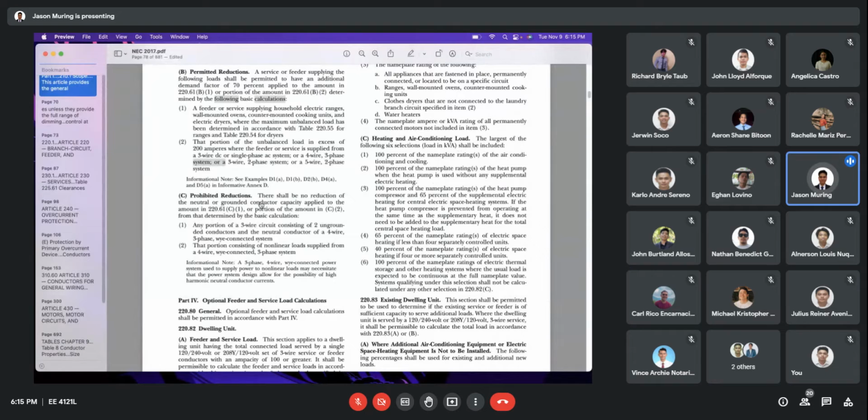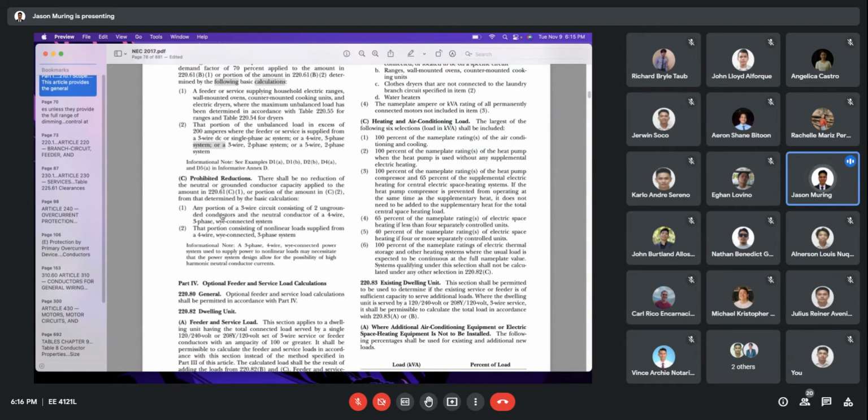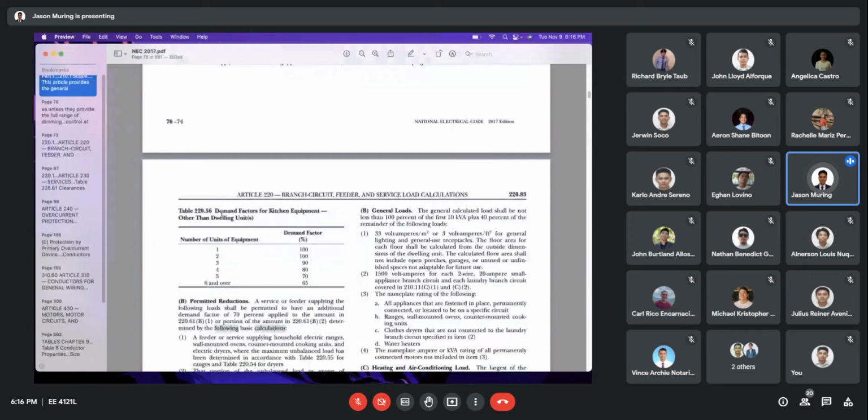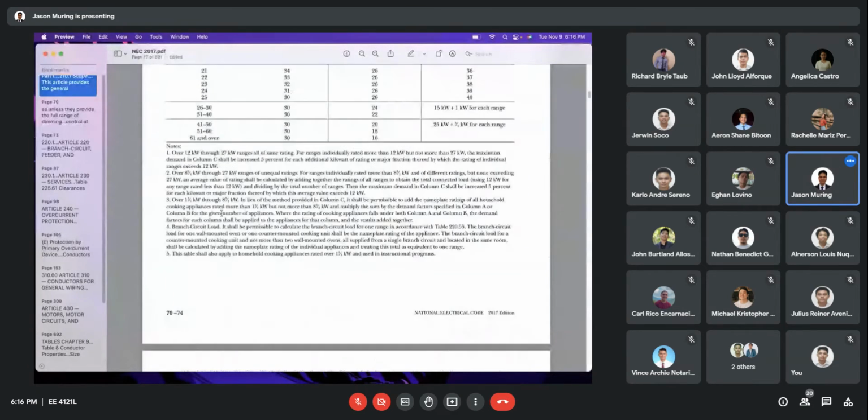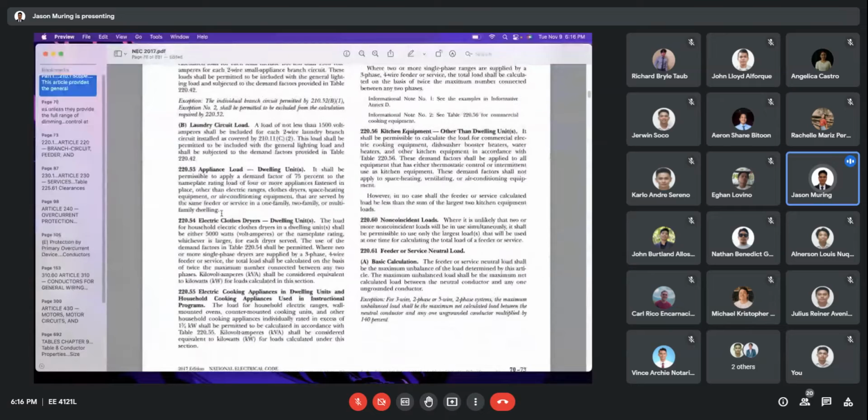Let's say we have a 10-story building in which every story the loading is almost the same, so you can just multiply by 10 and use this optional calculation. But in our case, since we only consider one family dwelling, we use this standard calculation.